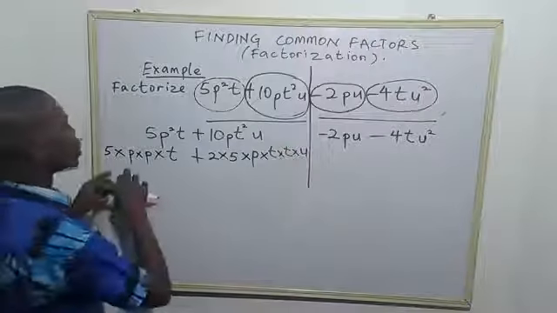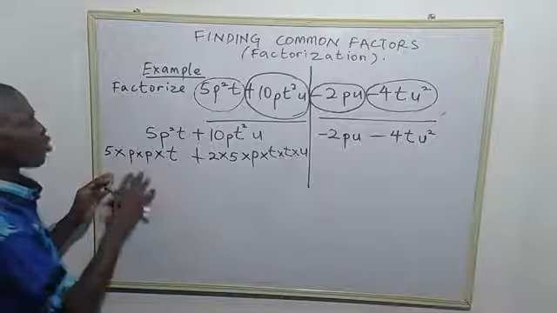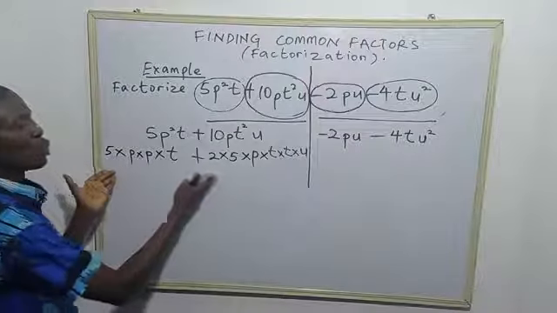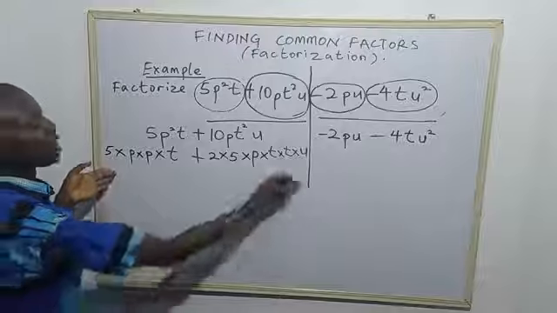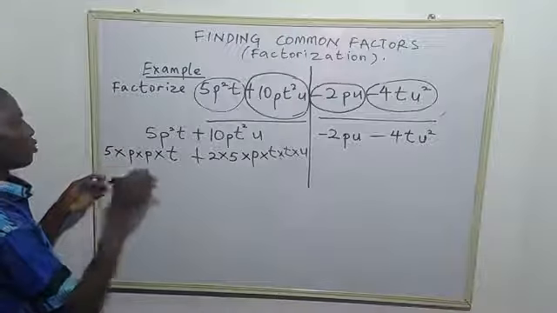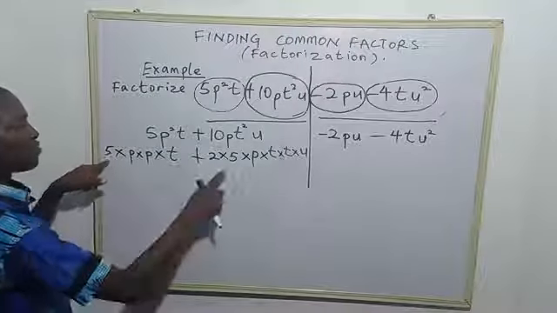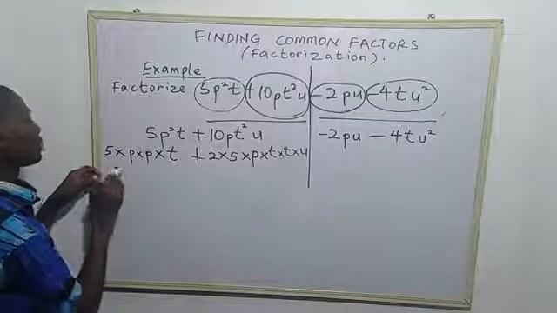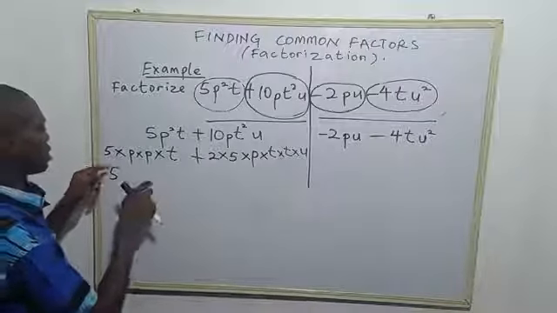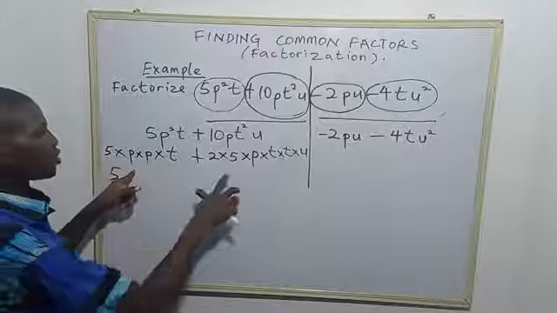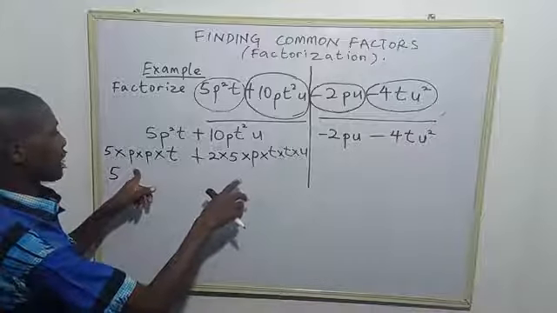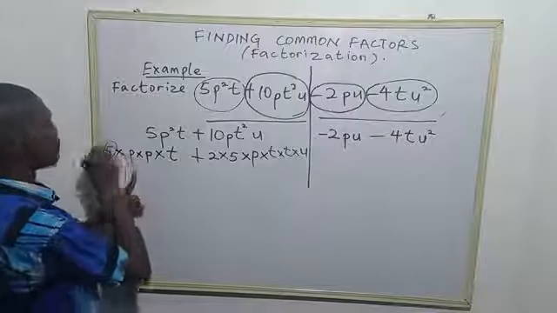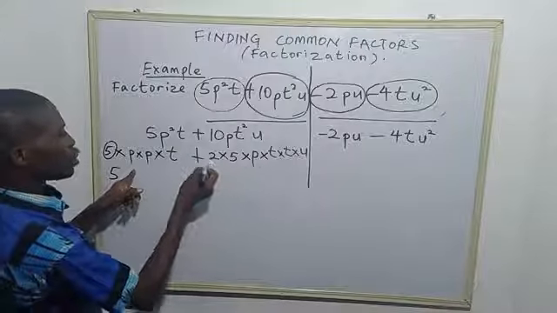So with what you have done, now let us look for what is common to the two terms. Now we have 5 common to the two of them. What else? 5 is common to the two of them. Okay, we have picked 5. 2 is not common, no.